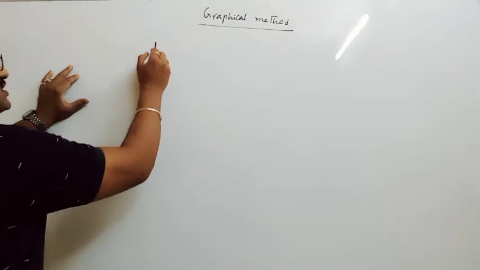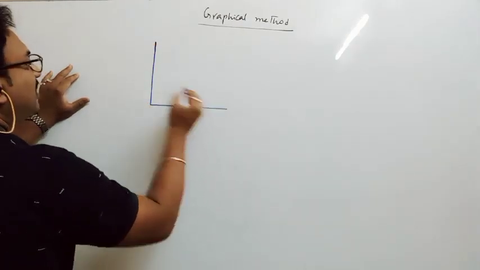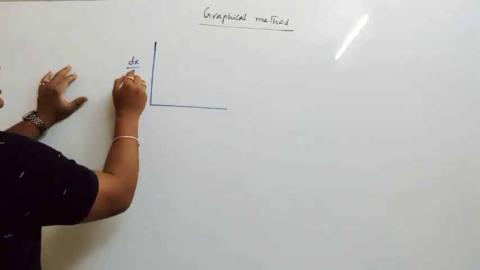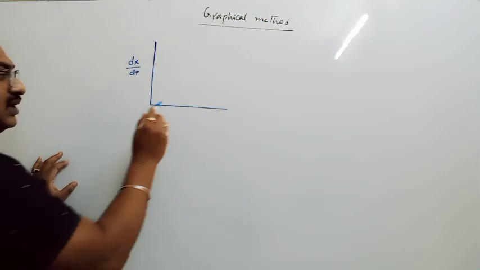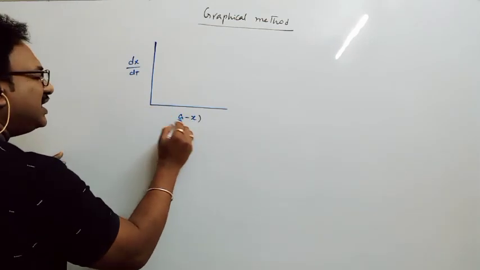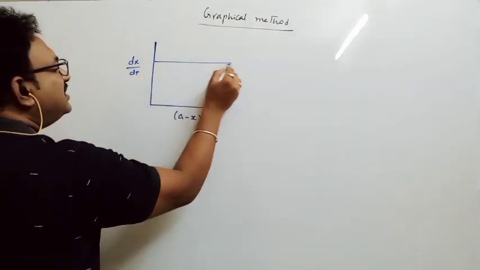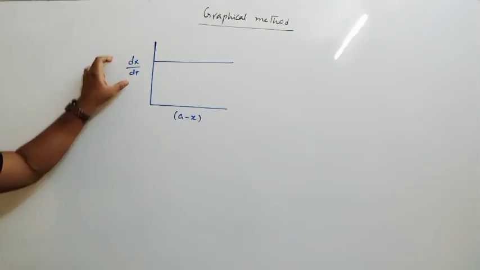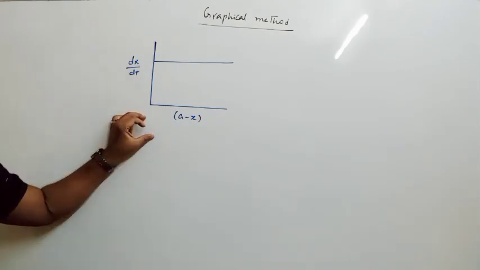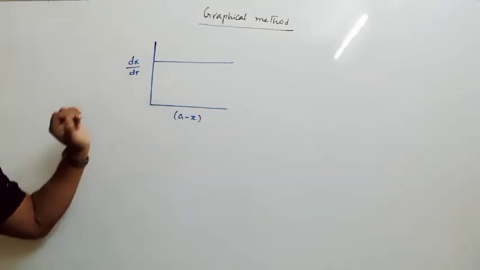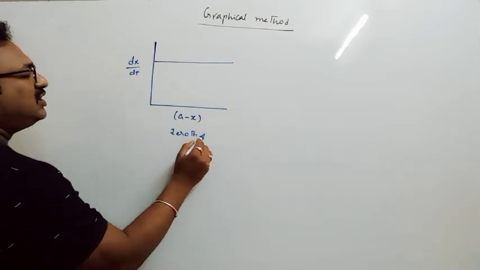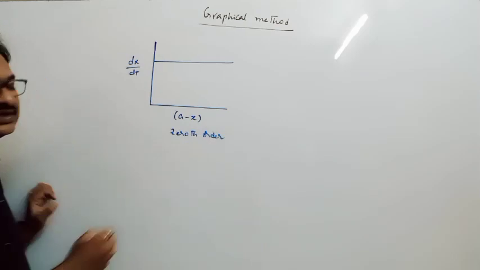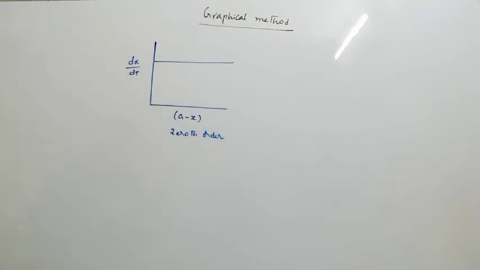For example, dx by dt, the rate of the reaction, versus a minus x. If the graph is like this, the rate is independent of concentration at that instant of time, then it is considered to be a zeroth order reaction.